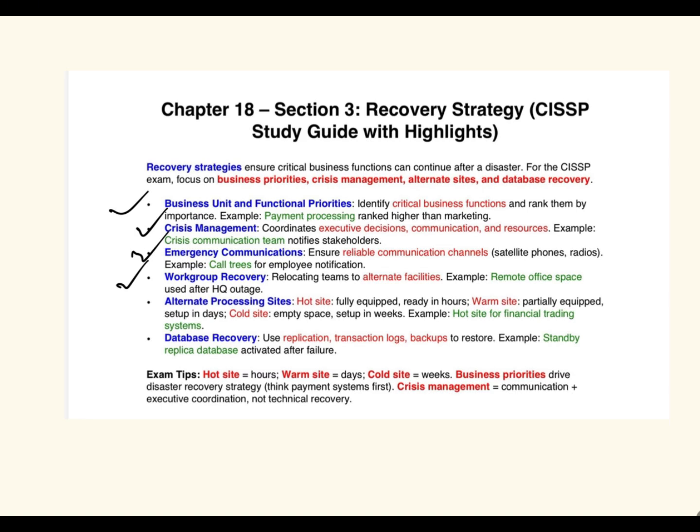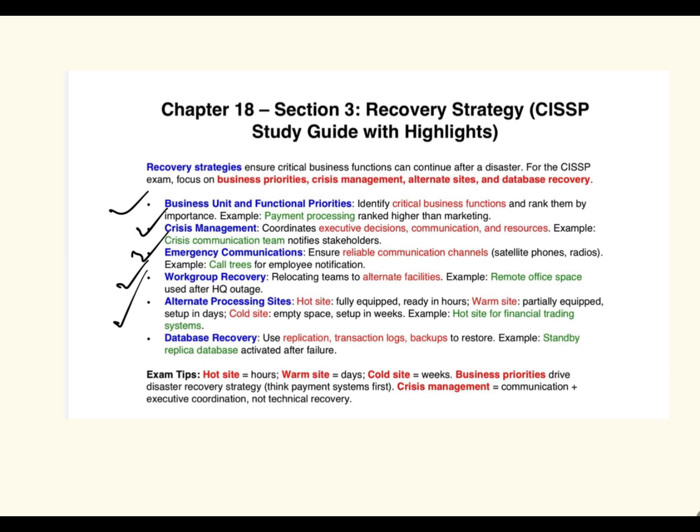Second, alternate processing sites. A very important concept. You may see questions related to this topic in the CISSP exam. This is the most tested part in the CISSP exam. Hot site: fully equipped, fully staffed, replicates the production system, ready within hours, most expensive. The important thing is it's very expensive, right?